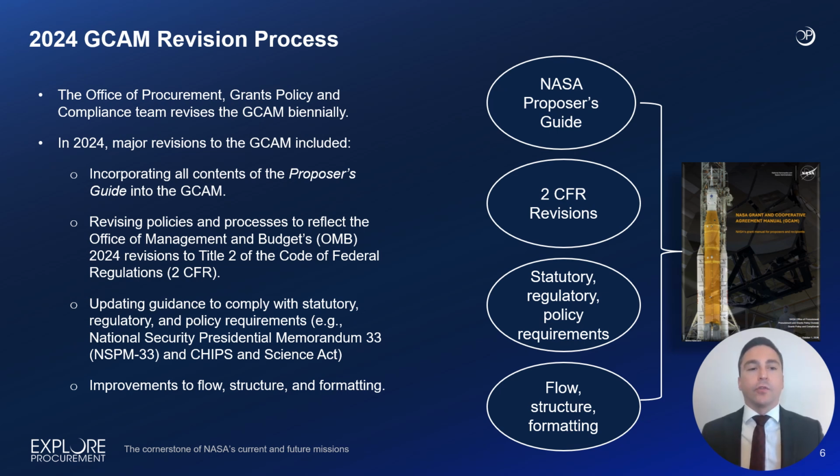Second, revisions were made to effectuate the Office of Management and Budget's 2024 revisions to 2 CFR. Third, NASA updated guidance to comply with various statutory, regulatory, or policy requirements, such as those in National Security Presidential Memorandum 33. Lastly, NASA made revisions throughout the GCAM to improve its flow, structure, and formatting.